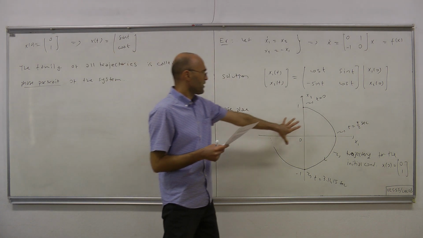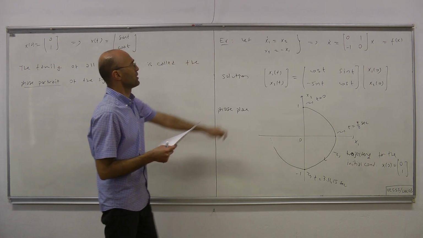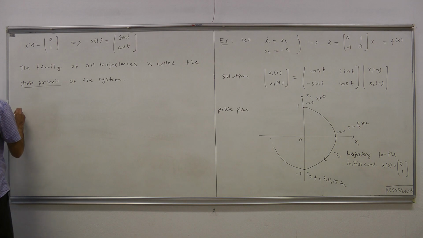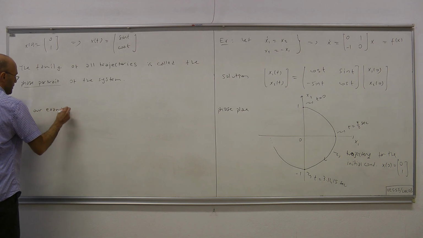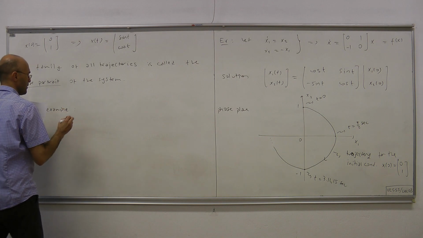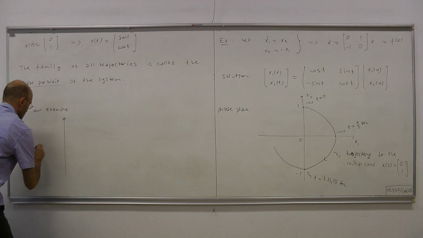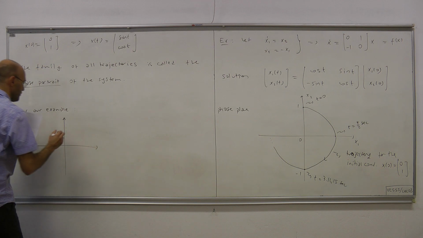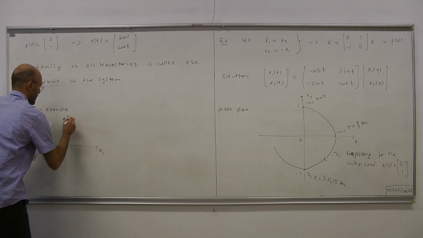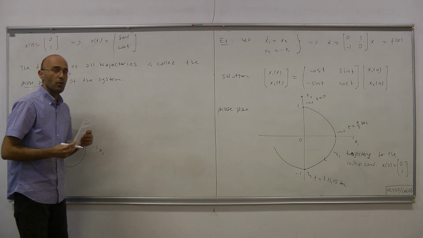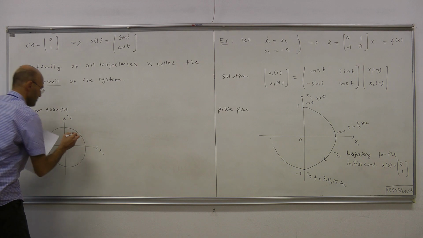For instance, for this LTI system, the phase portrait looks as follows for our example. X1, X2. So this is, let's say, the one on the board with the unit circle trajectory.